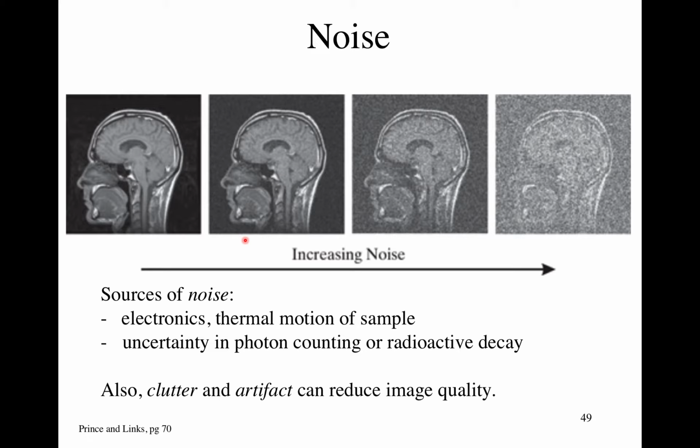This is distinct from artifact, which is signal that isn't the object, but is itself somehow coherent, right? So you might have a reflection of the object superimposed on the object or something like that. That's artifact. That gets in the way of your perception of the object, but we usually don't characterize that as noise. Noise is a random signal.